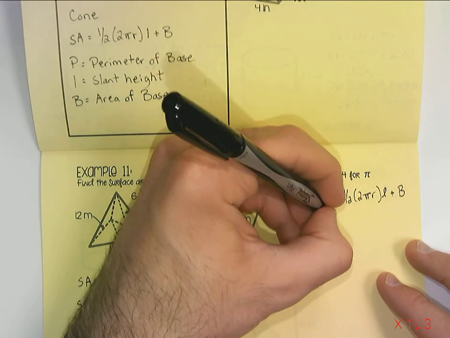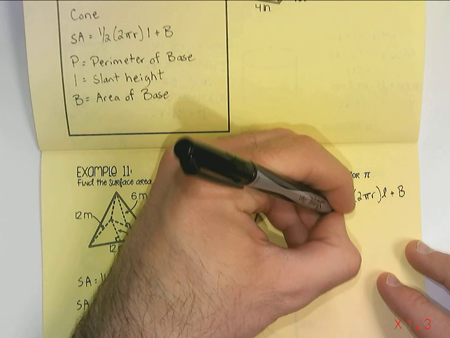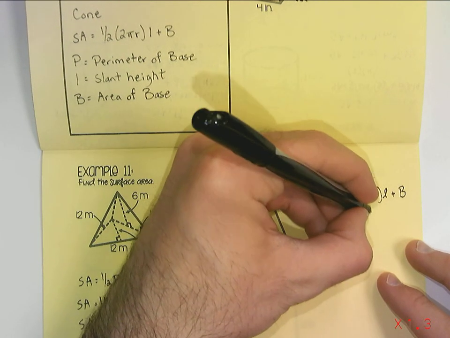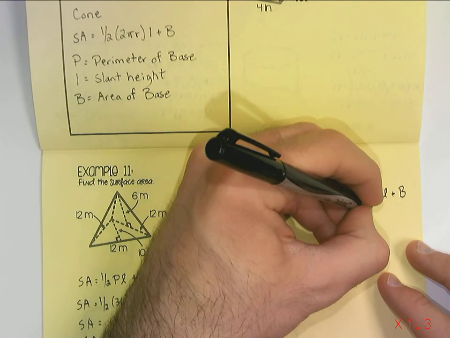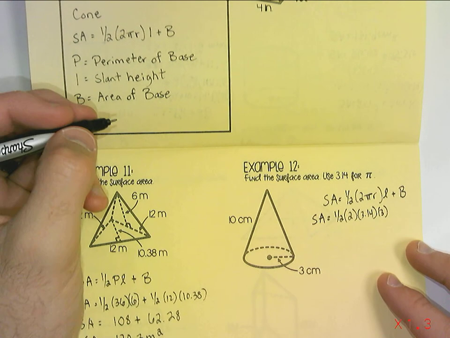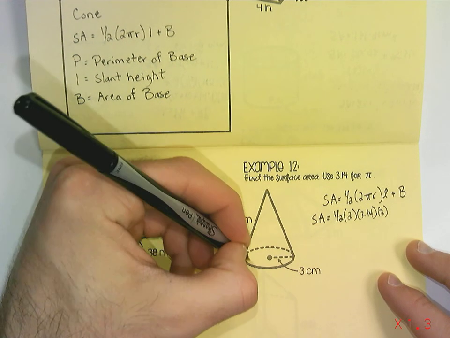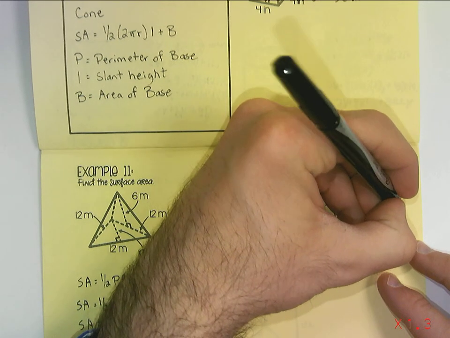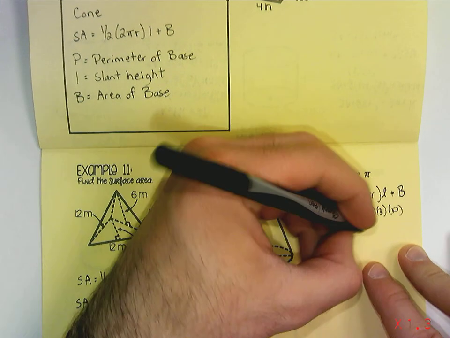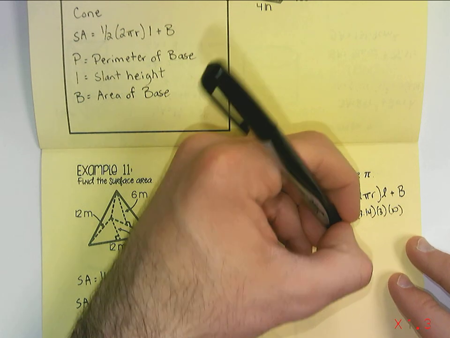So let's fill in what we know. Surface area equals 1/2 times 2 and 3.14, because we're using that for pi, times the radius, which is 3. Slant height is the 10 here, because it's that slant. And we still have to add the area of the base, which is going to be pi r squared.